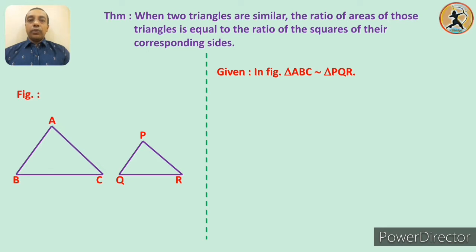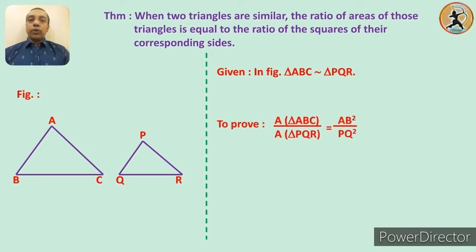We have to write down the proof by using the part of the statement that is consequent and as per the figure. So what is the consequent? The ratio of areas of two triangles is equal to the ratio of squares of their corresponding sides. So the left hand side of the equation will be the ratio of areas of two triangles, and of course the right hand side will be the ratio of squares of their corresponding sides.